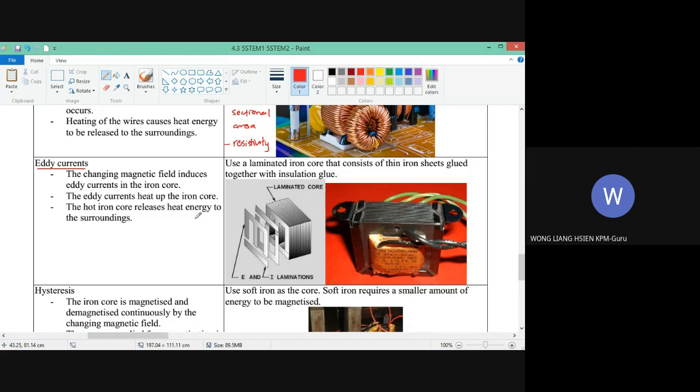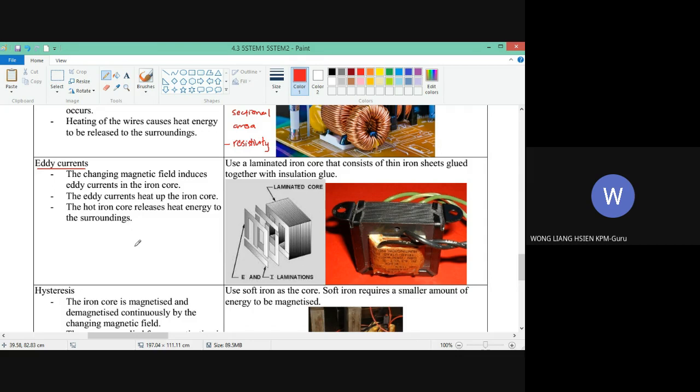Basically, we know that when we have a conductor exposed to changing magnetic flux, then inside the conductor you will have induced EMF, right?